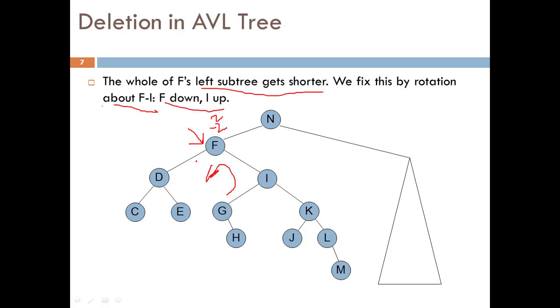So I moves up, F goes down, and whatever the left subtree of I is will become the right subtree of this F, and whatever is the left subtree of F should remain as it is. For example, this should look like this. I will be here, and F will become the left child of this I, like this one.